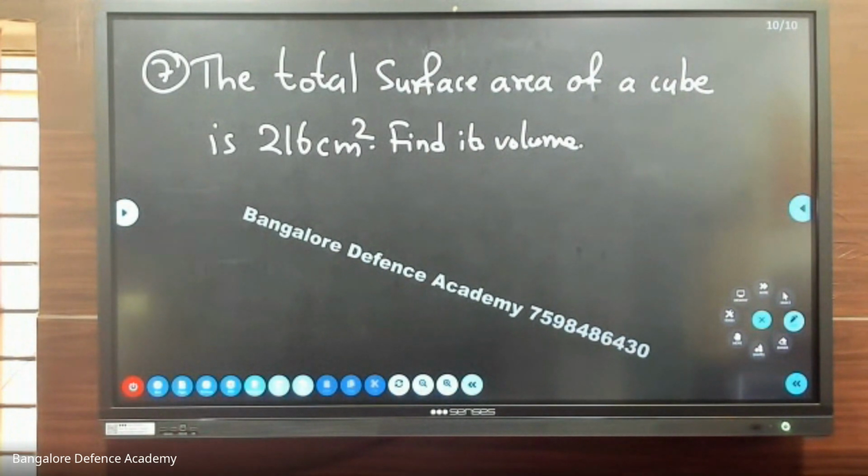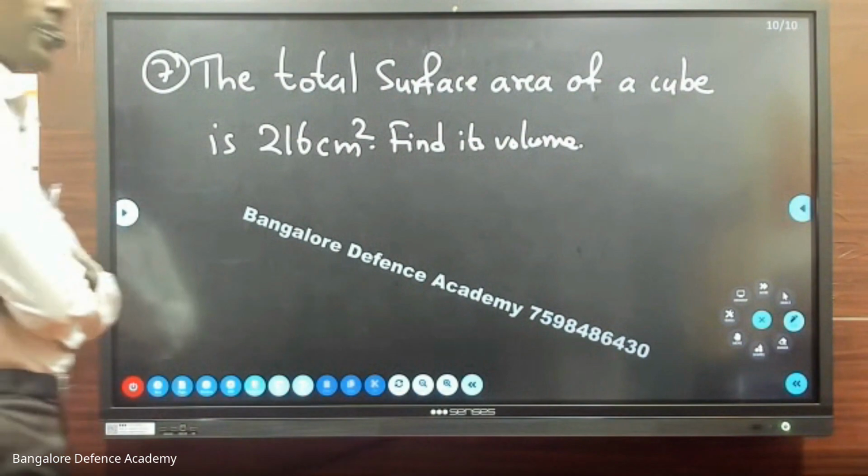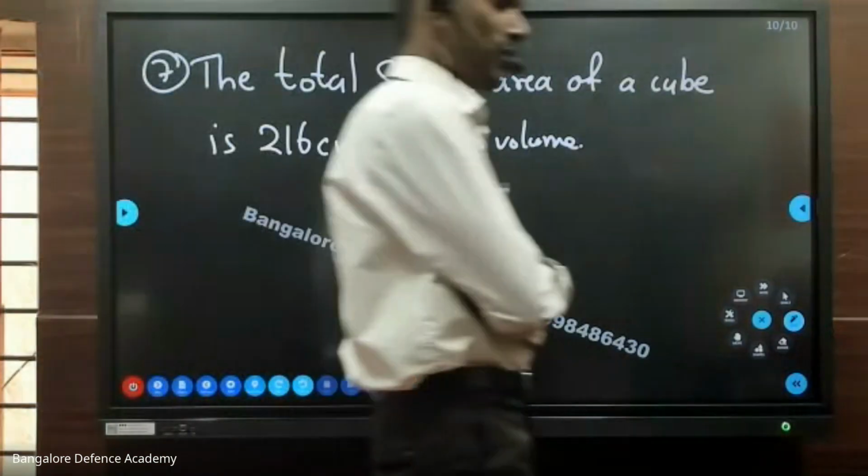Sir, 216, 216 centimeter cube. Once again, same thing. Try it properly. Write down the formulas and do it stepwise. Don't be in a hurry.